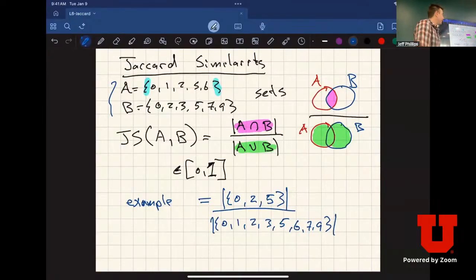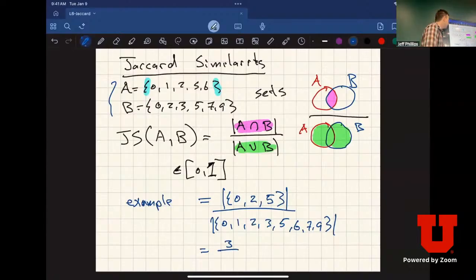The union included 0 from A and 0 from B, but there's only a single 0 in the union, right? If something appears twice, when I combine them together, it only shows up once in the actual set. It's not a multi-set. It's a single thing here. And then I'm going to count these values. The numerator, the size of the intersection, is 3.